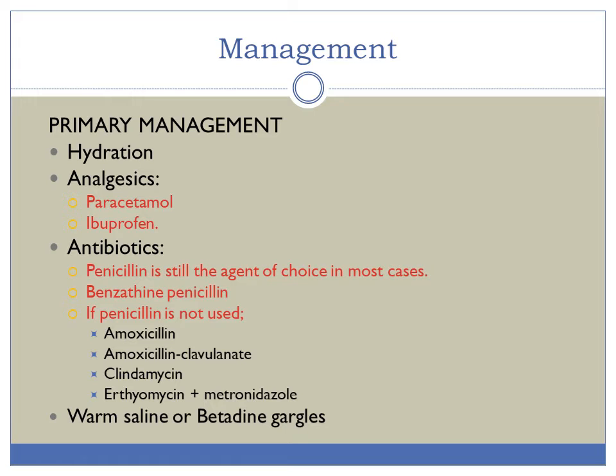Analgesics like paracetamol and ibuprofen will help in reducing the edema as well as the pain. Antibiotics will help reduce the infection that is there. Warm saline or betadine gargles will provide symptomatic relief to a certain extent for the patients.